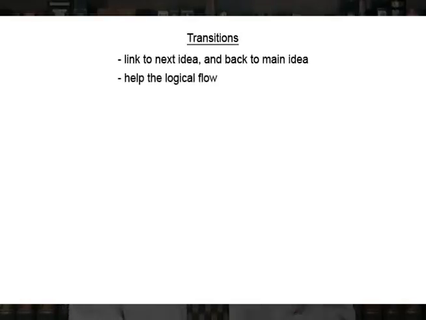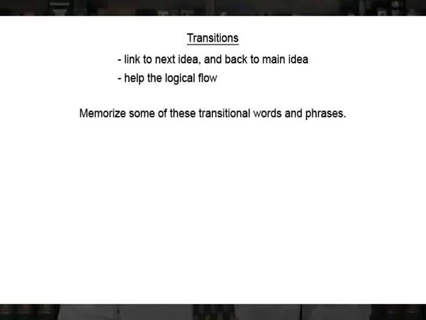I have provided a list in front of you here in the student manual of transitional words and phrases that help connect ideas together. I'm not going to go over every one of these, although I do want to touch on the categories in which these apply. You may want to memorize a few of these transitional statements. They're extremely helpful in connecting ideas, and they're extremely helpful when considering what the graders are looking for, which we'll go over later on.